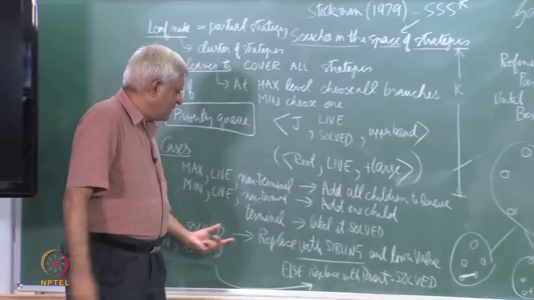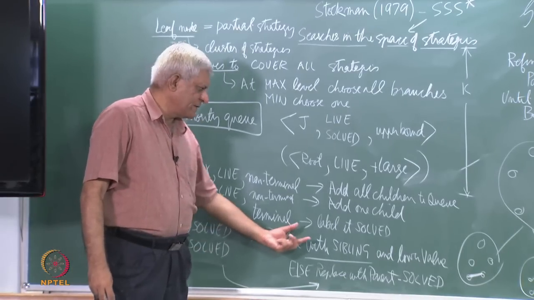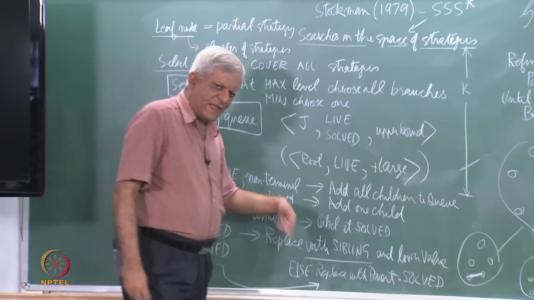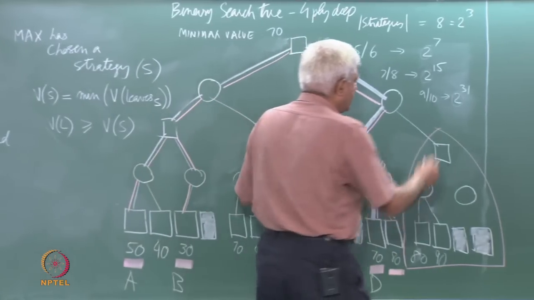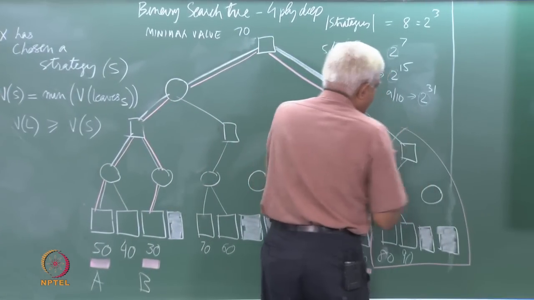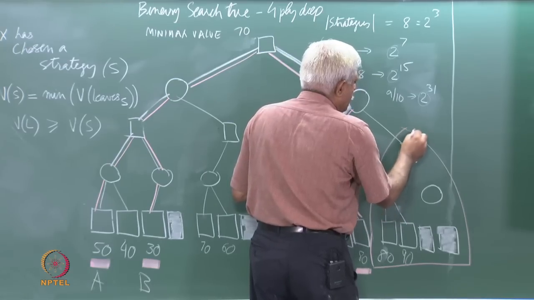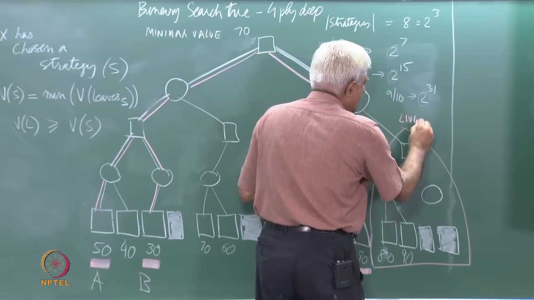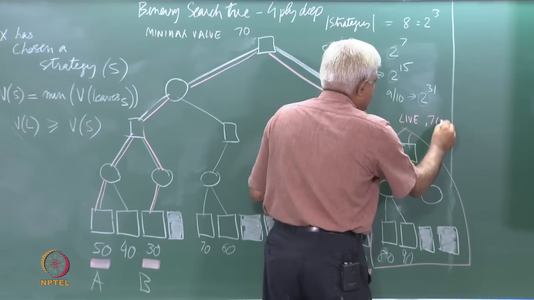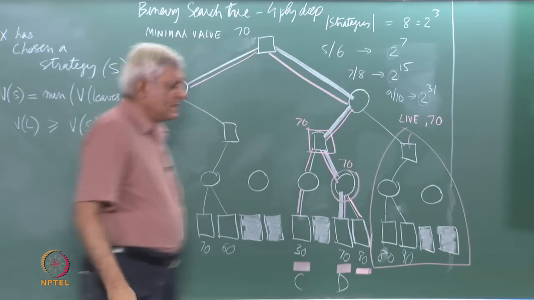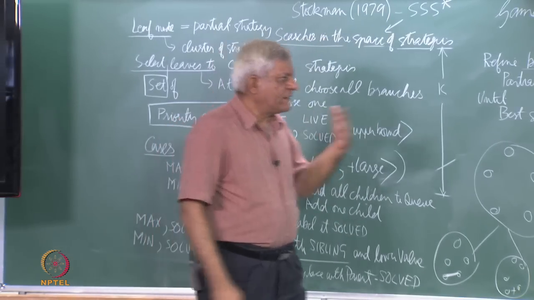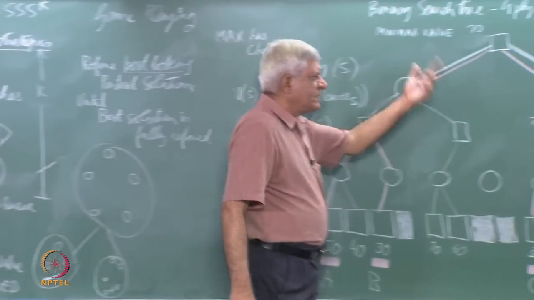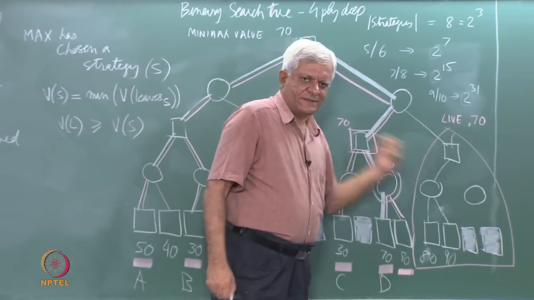If max is solved, replace with sibling and lower value. In this case, the value is 70. So, this node becomes live with a value of 70. It amounts to saying that I want to evaluate this with a bound of 70 essentially.